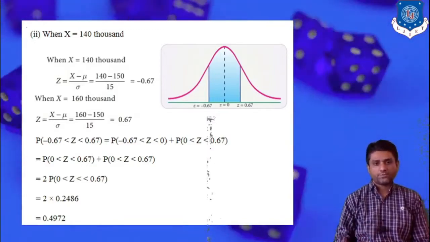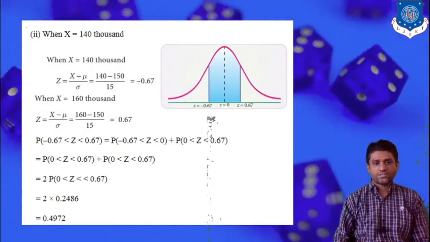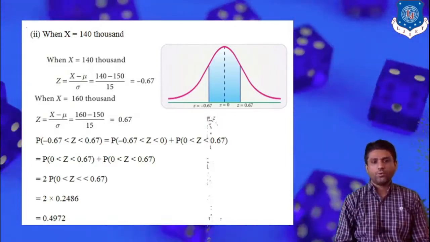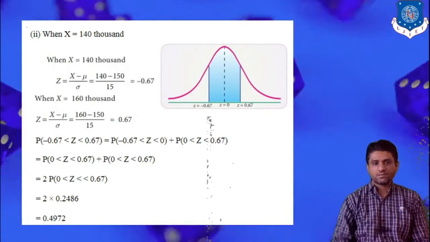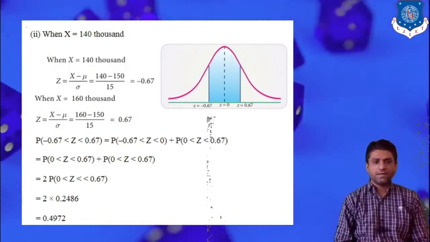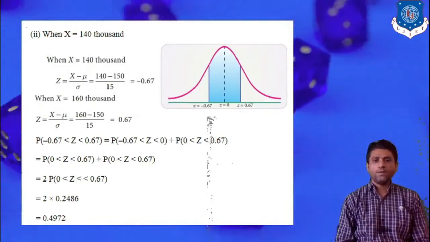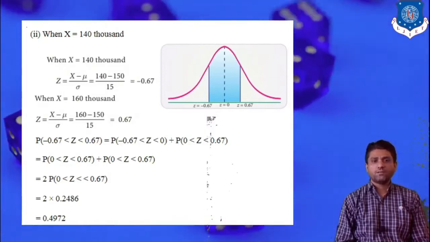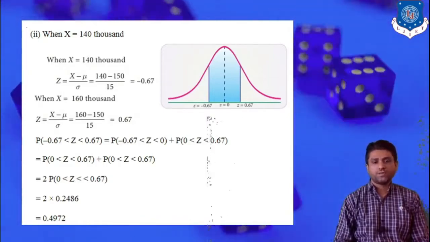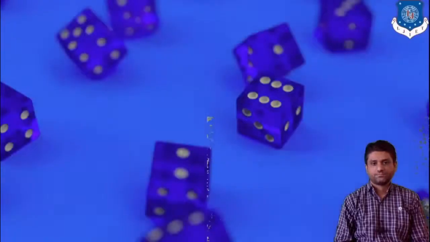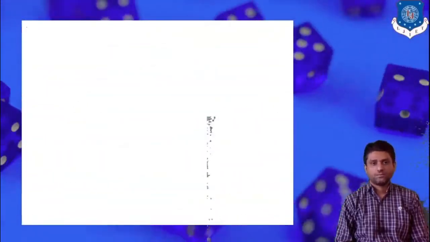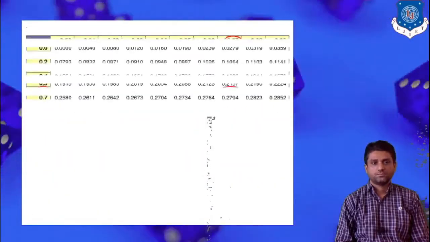Next I will show you how we can collect the value. The probability of Z between 0 and 0.67 is 0.2486. I will show you in a later slide. Simplification leads to the probability of Z falling in the interval 140 to 160,000 being 0.4972.